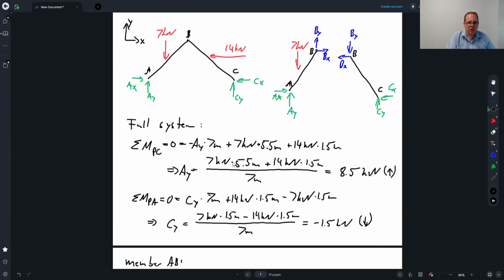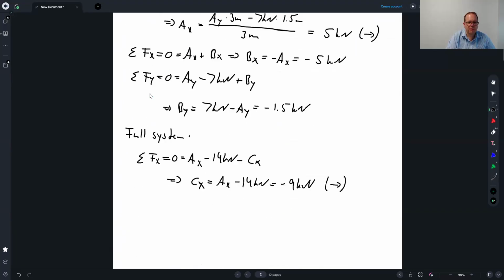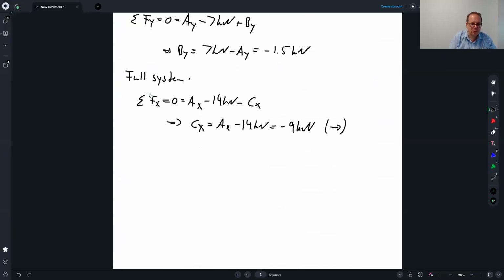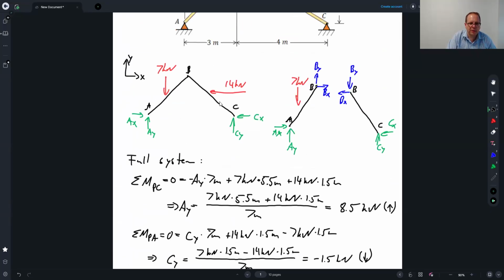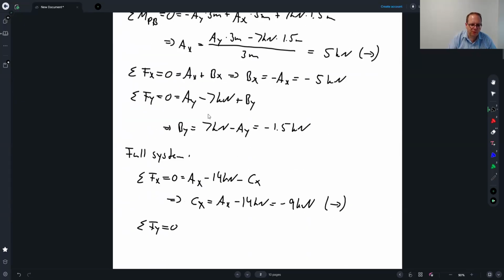Now we didn't use all of our equations. So we could use more equations, right? So we could say, for instance, if we do sum of forces on the full system going upward, sum of forces in the y direction, Fy equals 0, we get AY, CY, and minus 7. Let me just think. So AY minus 7 kilonewton plus CY.